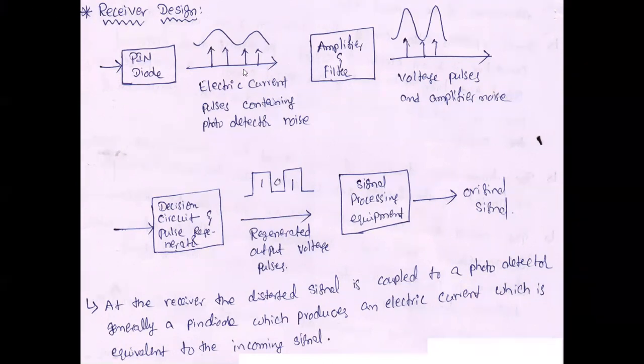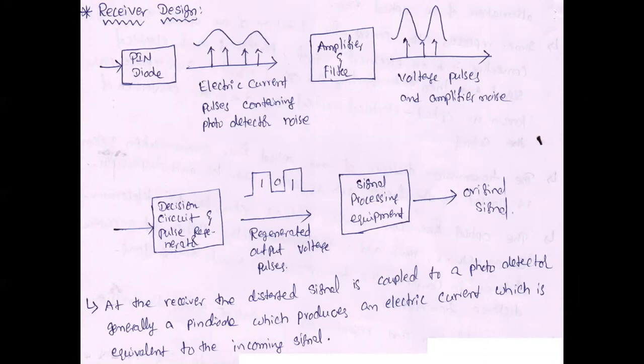But here the output is not a perfect digital signal. We get a signal showing electrical current, that is, electrical pulses containing photodetector noise. Due to noise, the shape of the pulse can change. Next, this is given as input to the amplifier and filter circuit.